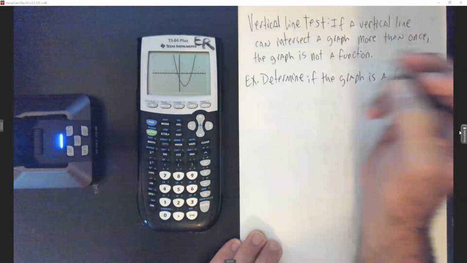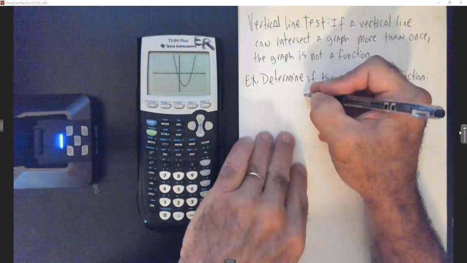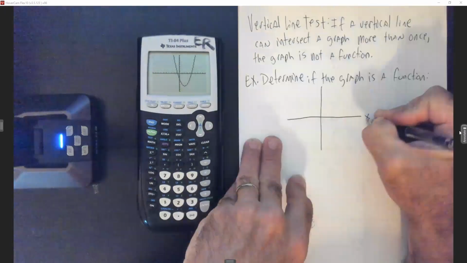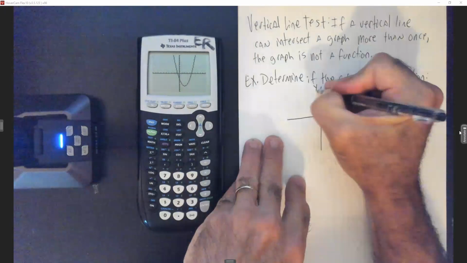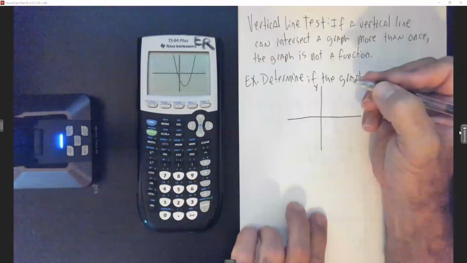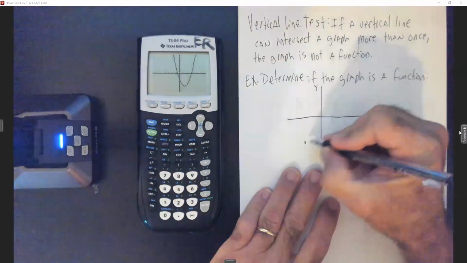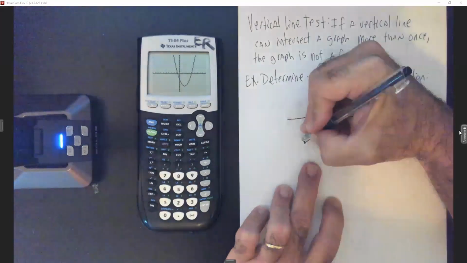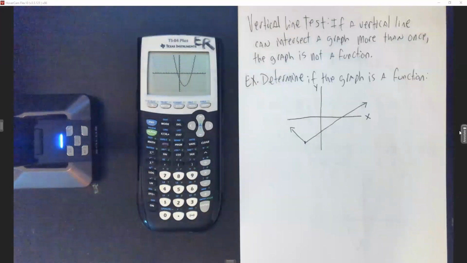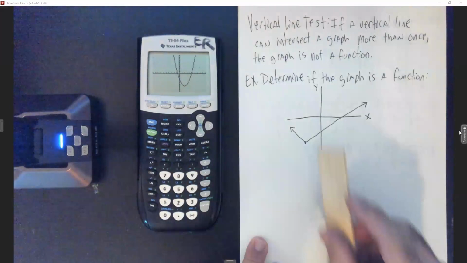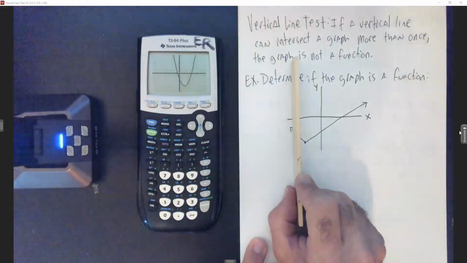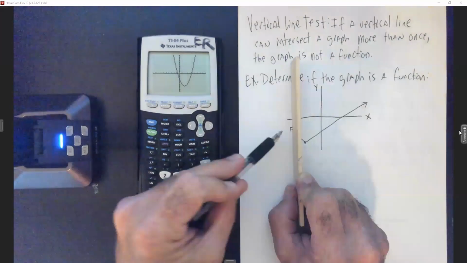So let me try to draw my first one here. This one has a point here, and it's shooting up like that, and then it comes out like that. So is this a function? I would run my vertical line left to right, and notice it's only intersecting once on my graph everywhere I go.